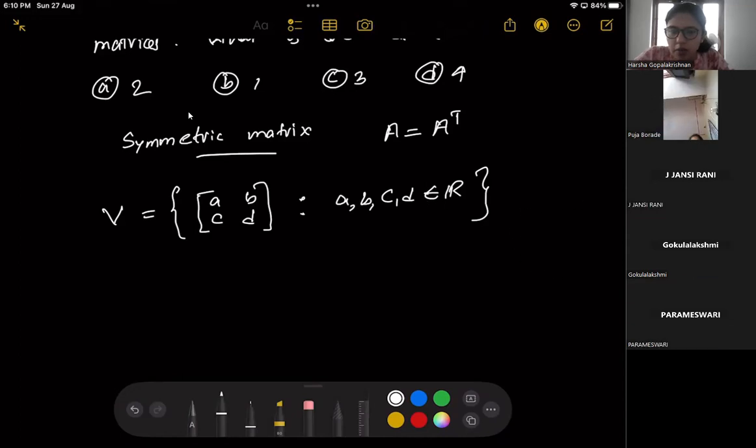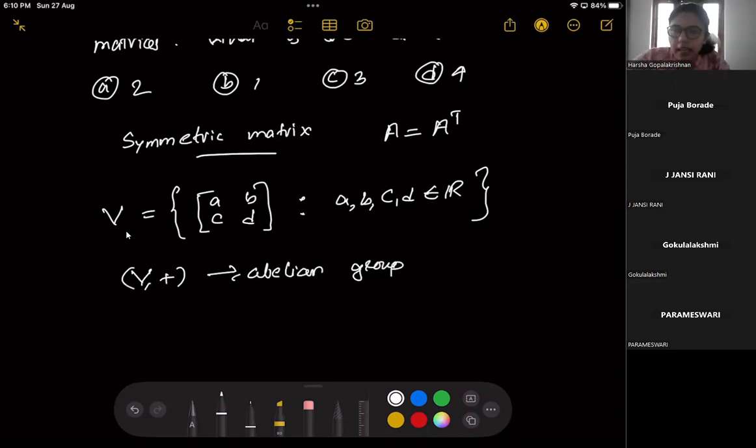Okay. So the first thing we need to check, first of all in the question it is given it is a vector space. So in order to be familiar with this concept, you can check whether V is a vector space or not. I'm not going into all the details. We need to check V under addition is an abelian group.